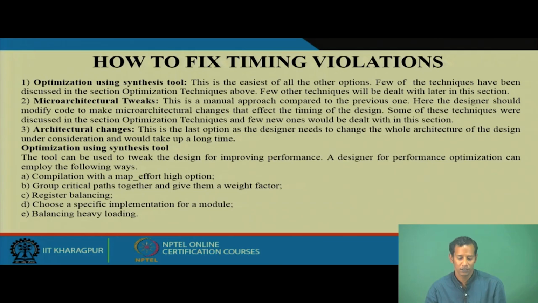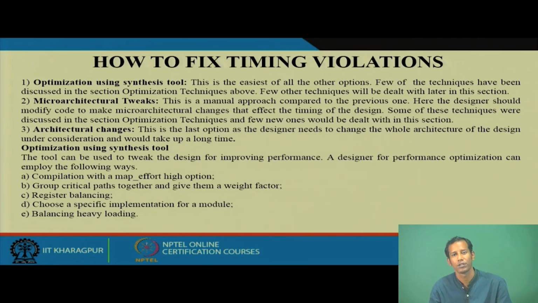Optimizing using the synthesis tool is the easiest of all the options. A few of the techniques were discussed in the optimization sections, when we talked about architectural optimization, and a few others will be dealt with later in this section. In this course on architectural design of ICs, we try to optimize the circuit at the architectural level, in terms of logic levels or gate levels.